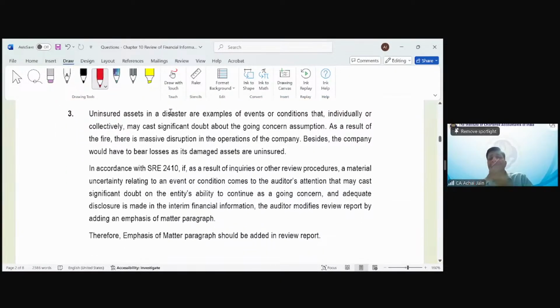Okay, so in this case, there's a massive disruption in the operations of the company, which has resulted in significant losses, because insurance is not there.